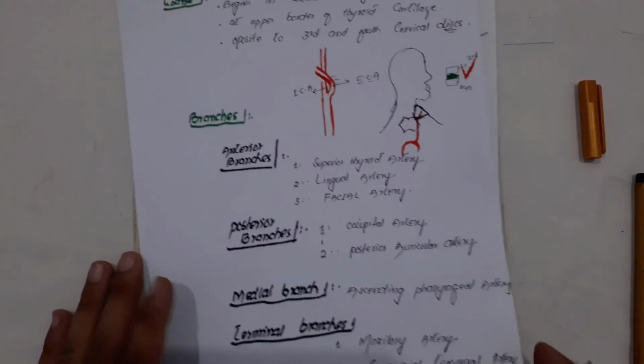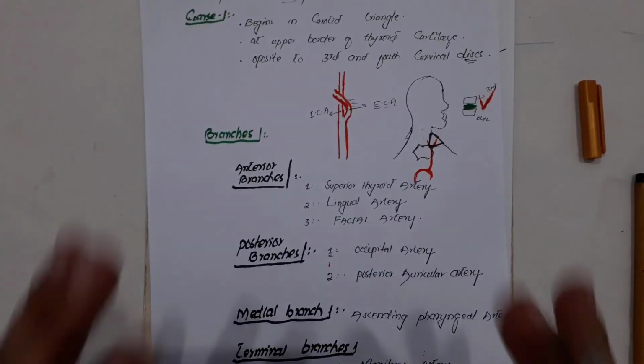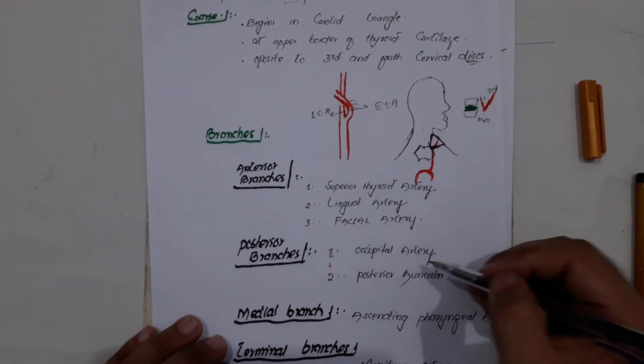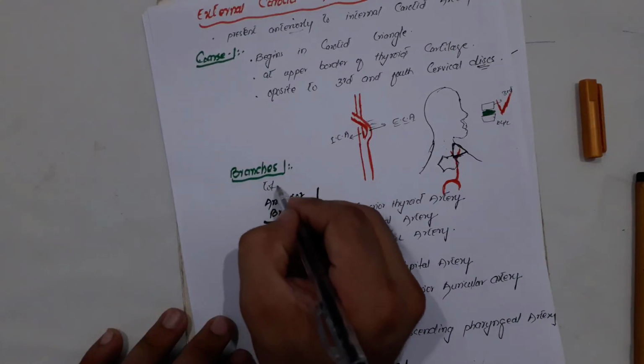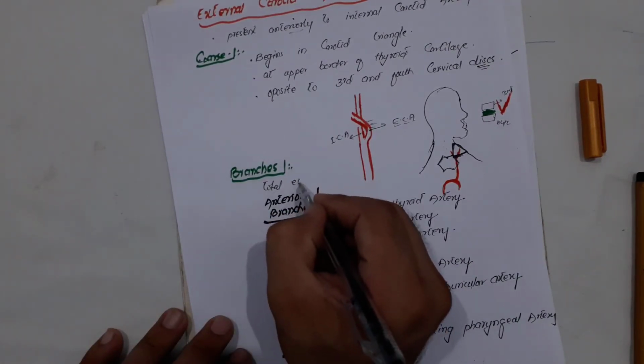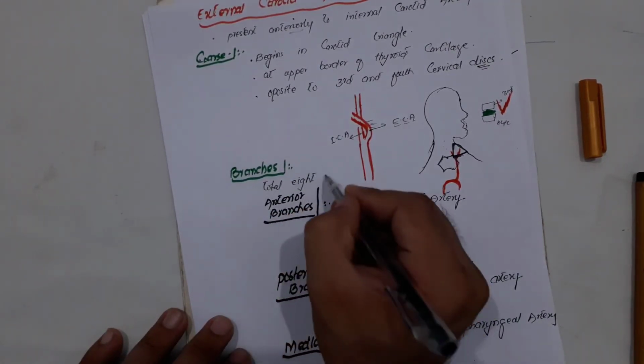Right, friends. So how many total branches arise from this external carotid artery? 1, 2, 3, 4, 5, 6, 7, 8. Total 8 branches arise from the external carotid artery.